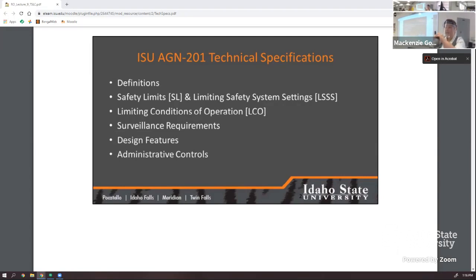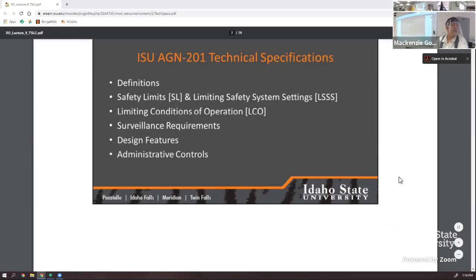So the training and ongoing health certification that you as an operator will have to ensure that you complete, and the staffing requirements. There's certain minimum numbers of people that have to be at the plant for you to operate it. And you can't start operating, even though you're a licensed operator, without following that administrative control.